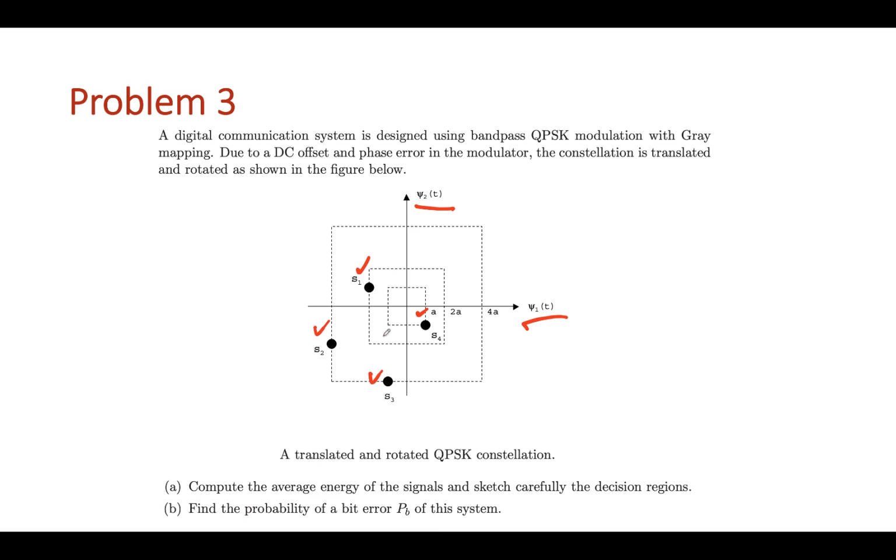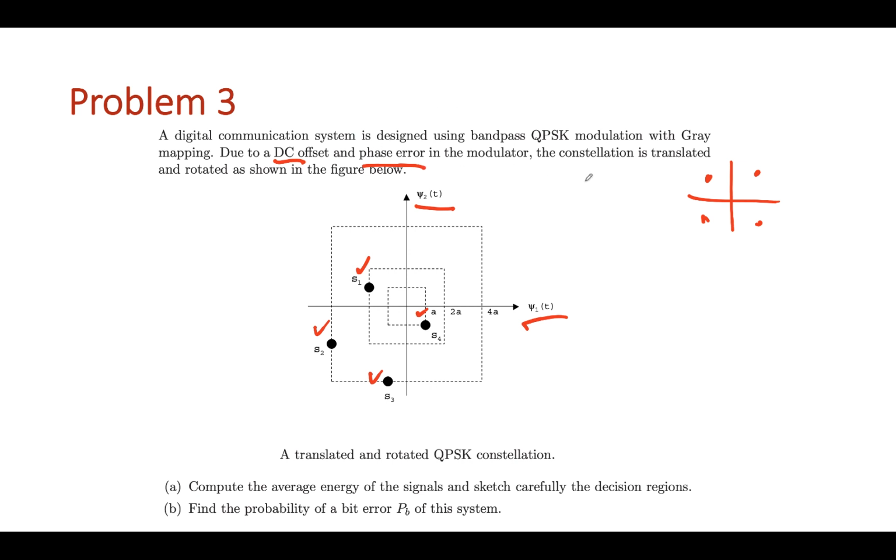It was meant to be a QPSK, like this. But due to DC offset and phase error in the modulator, the constellation is translated and rotated as shown in the figure.